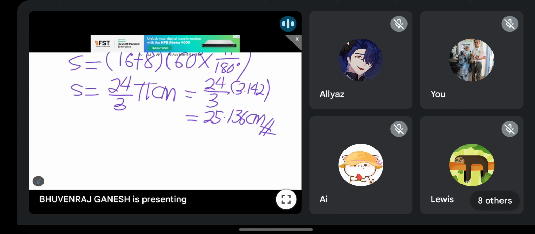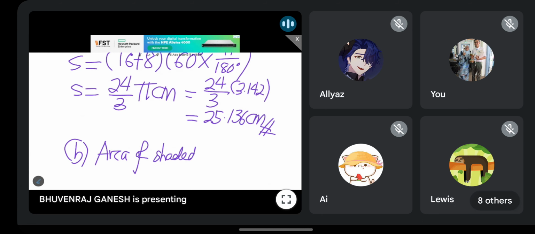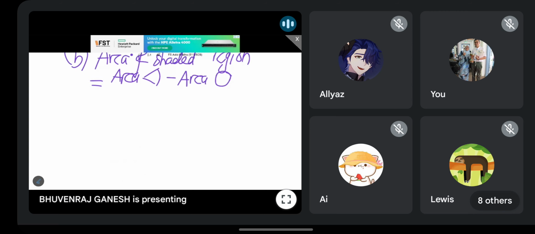Okay, you can also use luas bulatan formula in this case. So B, area of shaded region, luas kawasan berlorek, equal to area sector minus area circle. Okay, so area of sector, again same formula, half r square theta.